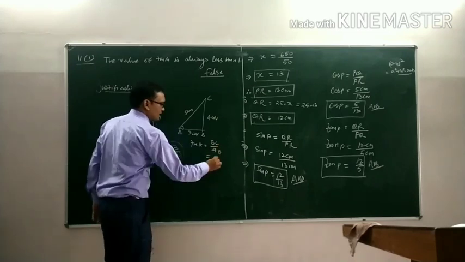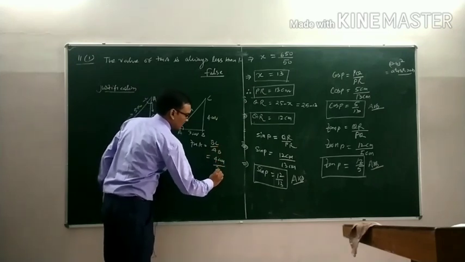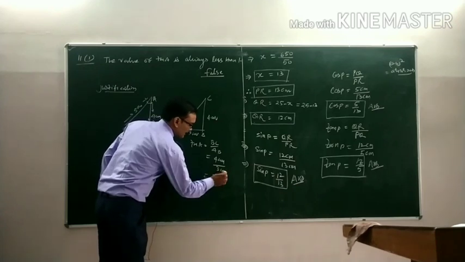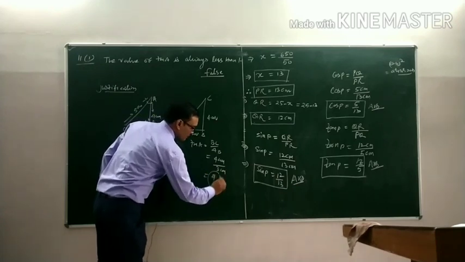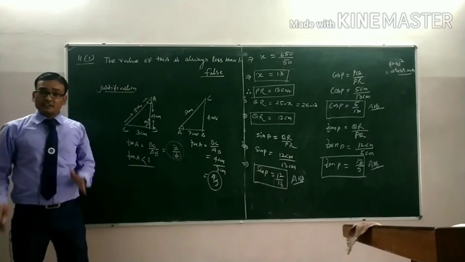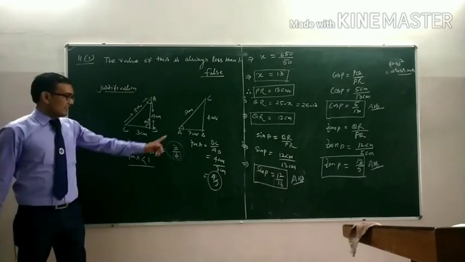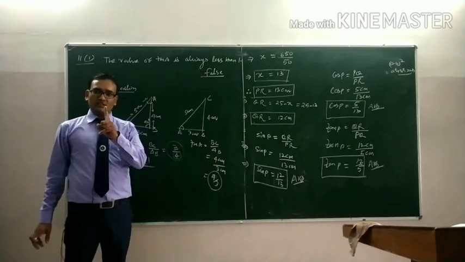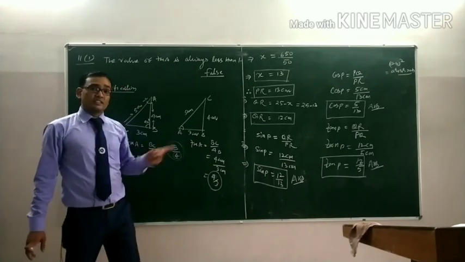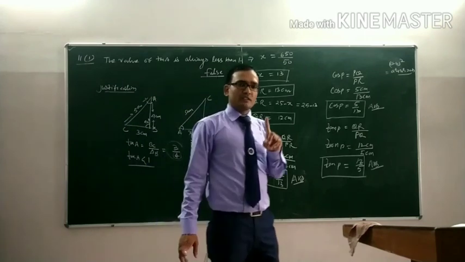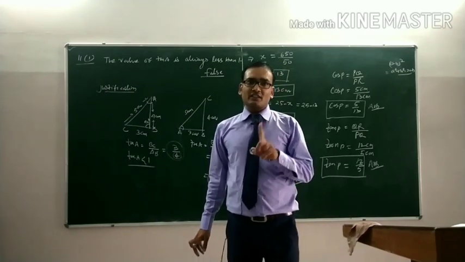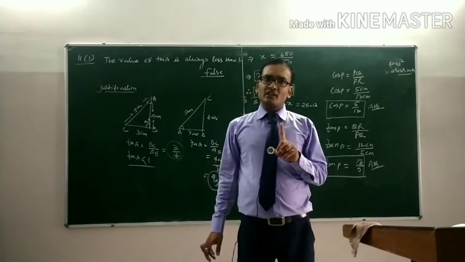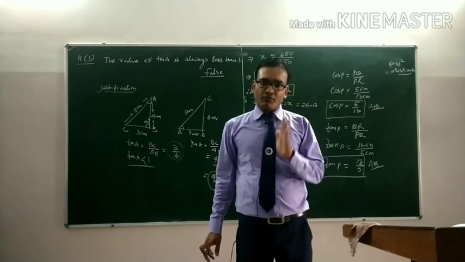What is the value of BC? BC is 4 centimeter and AB is 3 centimeter. Tan A equal to 4/3, which is greater than 1. The value of tan A is greater than 1. Okay, student? That means this statement is false.